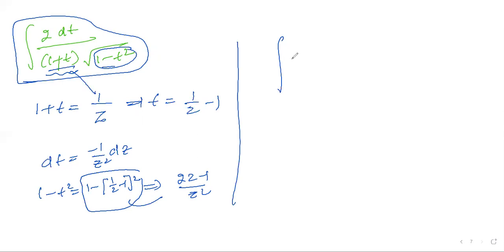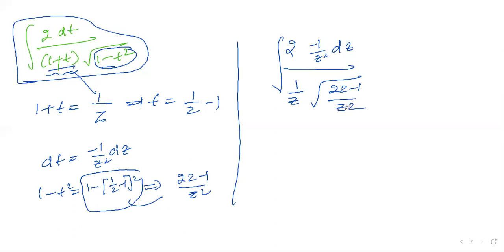So I'm rewriting 2 into dt, which is minus 1 by z square into dz, divided by 1 plus t, which is 1 by z, times the root of 2z minus 1 by z square. Clear? Here z square is the denominator, and z power 4 appears.